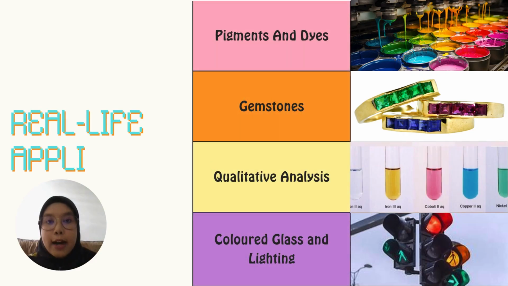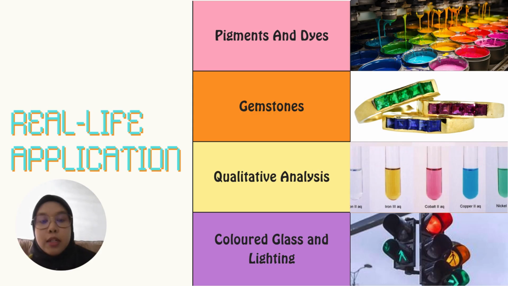For this slide, I will explain the real-life applications and examples. But first of all, did you know that color already exists in our daily life? Everywhere we go and everywhere we see, there is always color, right? For example, we can take wall paint and ink printing. They can be categorized as pigments and dyes.